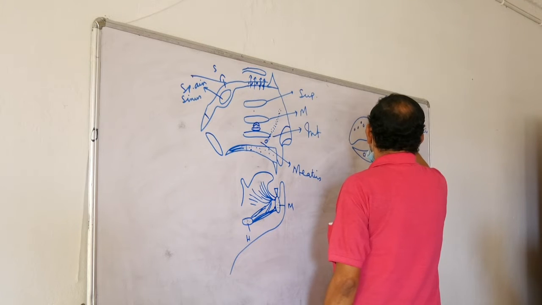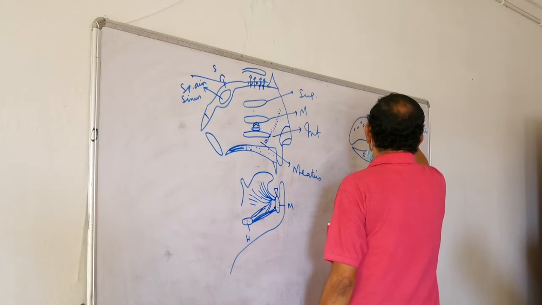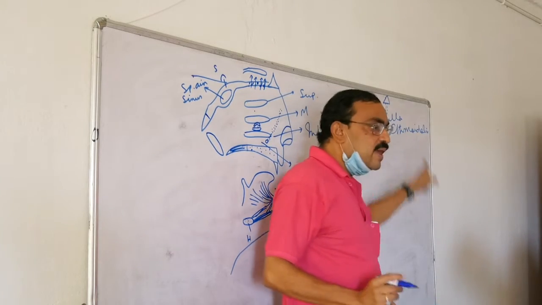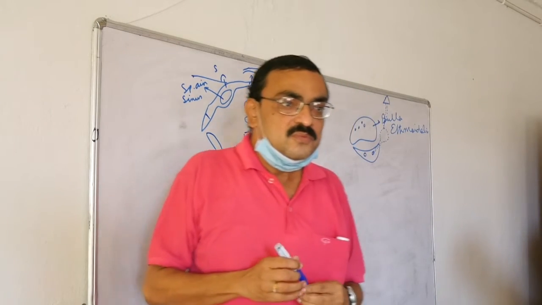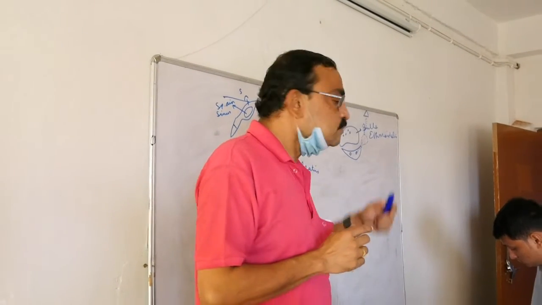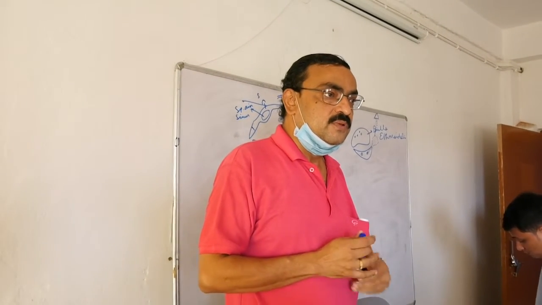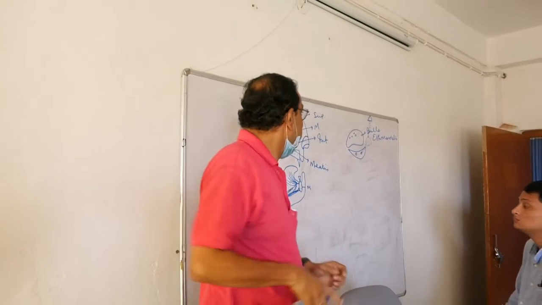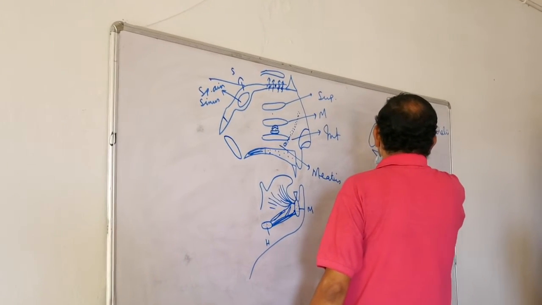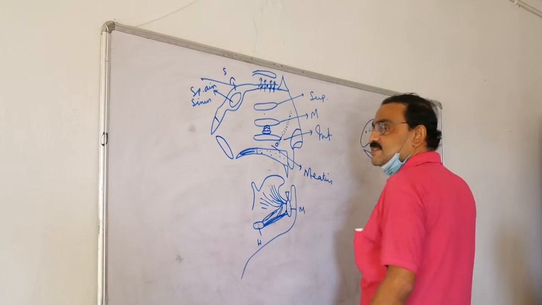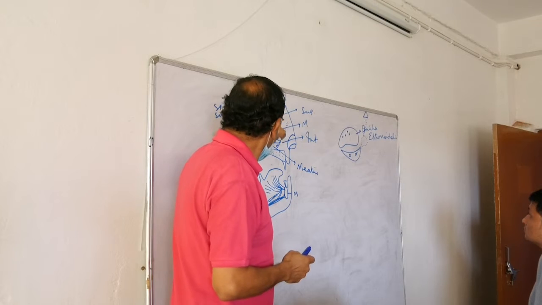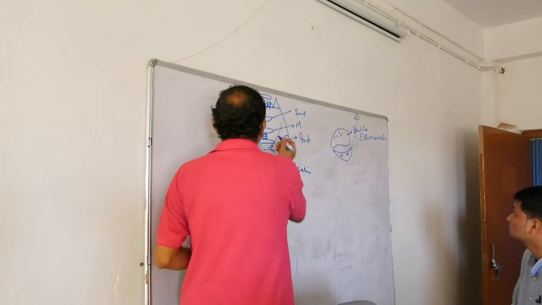The frontal sinus will open through a duct inside the infundibulum. So ultimately the frontal sinus will open into here and ultimately open into this hiatus semilunaris.